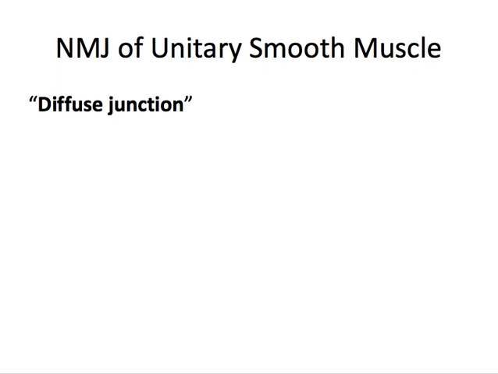Neuromuscular junction of unitary smooth muscle is called a diffuse junction, and it is not of the highly structured type which is found in skeletal muscle. The transmitter substance which is secreted into the interstitial space diffuses directly into the muscle fiber.